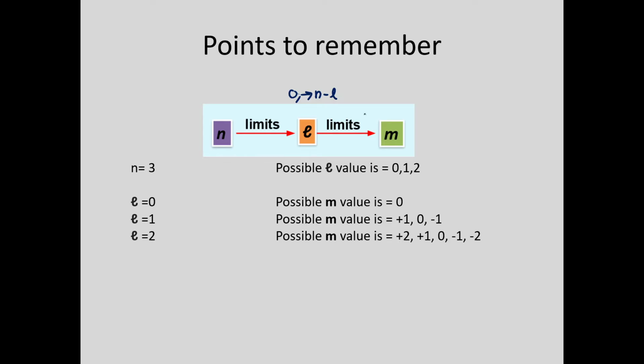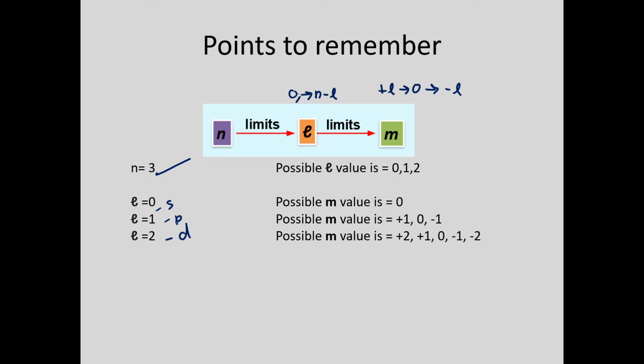And M we get from plus L to 0 to negative L. So for example, N equals 3, they give N equals 3. Possible numbers for L, we have 0, 1 and 2, which is S, P and D.